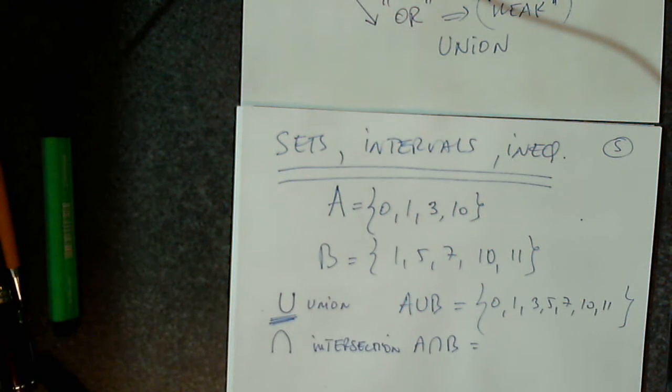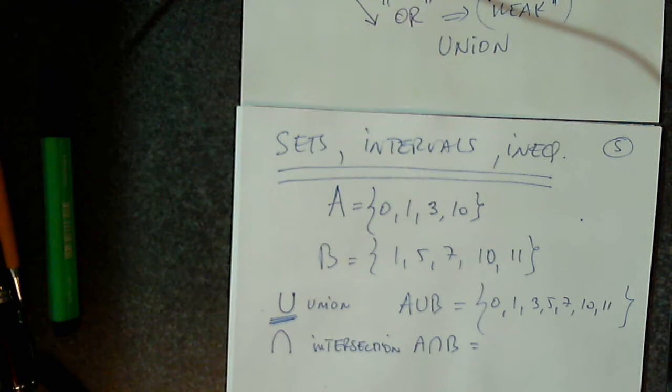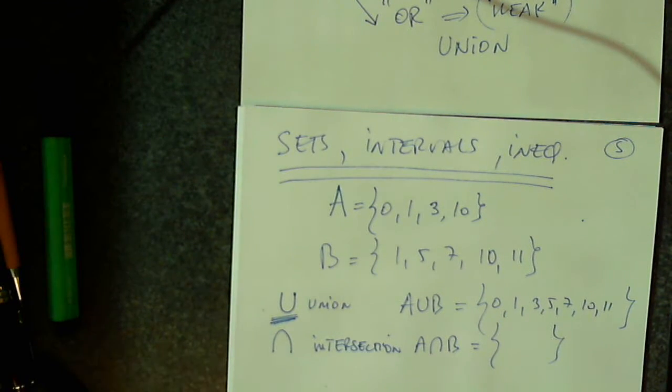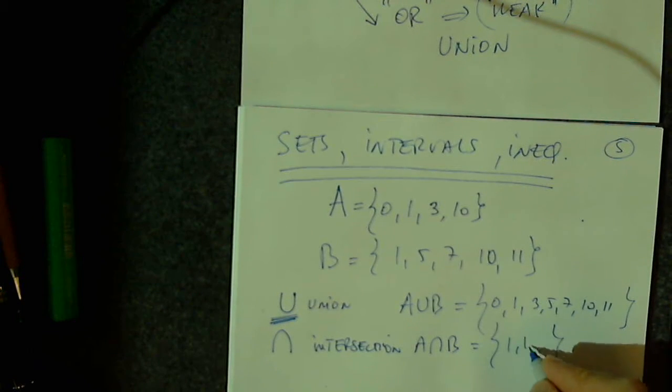It's okay. But the intersection is very strong. So the elements in the intersection must exist in both sets. So is there anything that I can write as the intersection of A and B? 1 and 10.